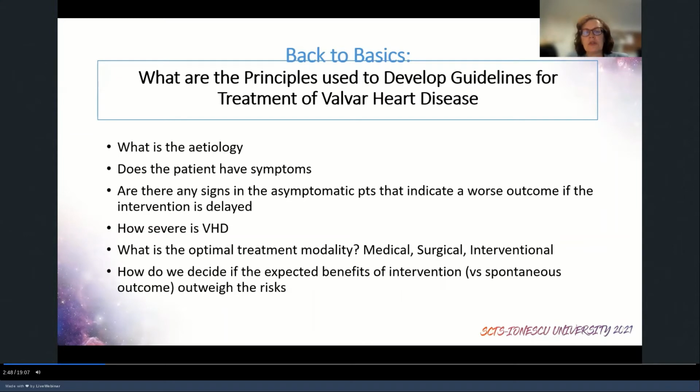We need to quantify the severity of the valve disease, identify treatment modalities, and decide how the pros and cons of treatment weigh up.